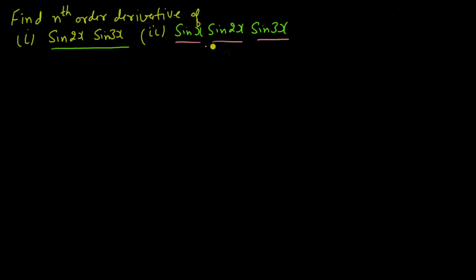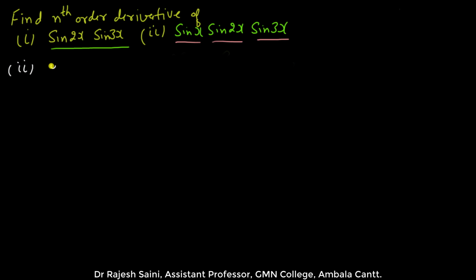Now we will take up the second problem, and the second problem is y is equal to sine x sine 2x sine 3x. Fine. So you will do one thing. You will try to use the formula of sine A sine B for any two of these elementary sine functions.